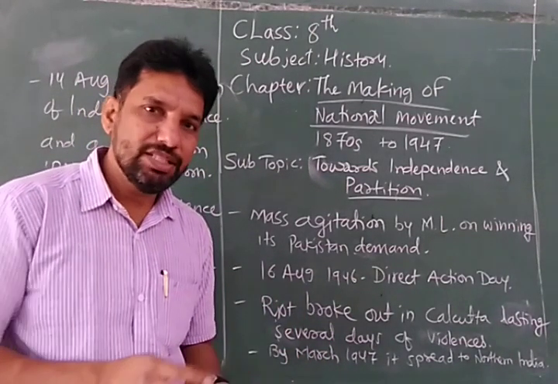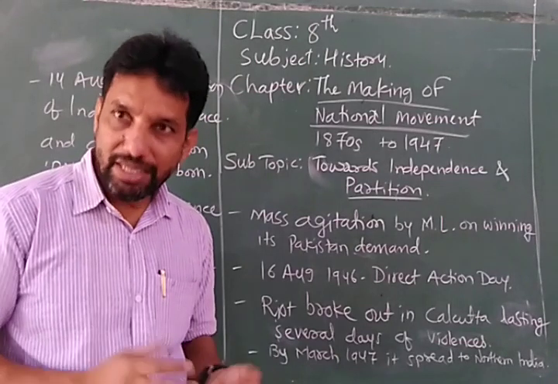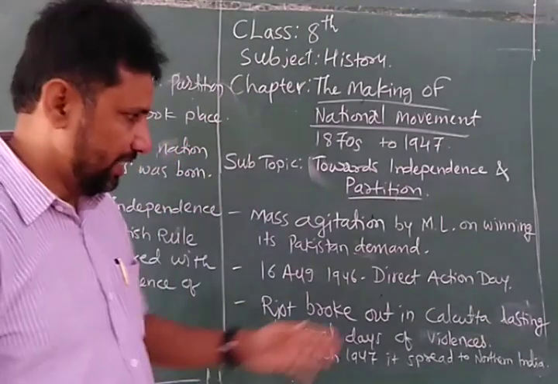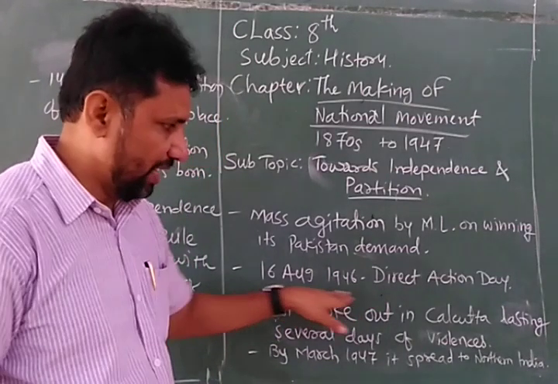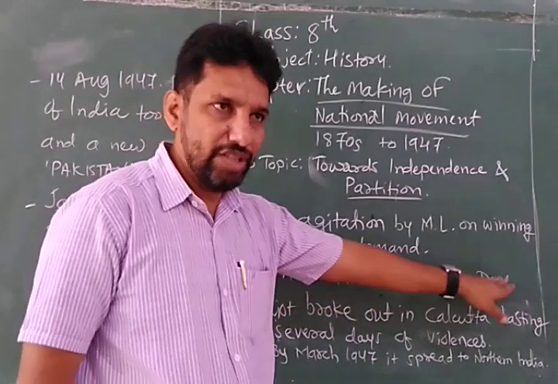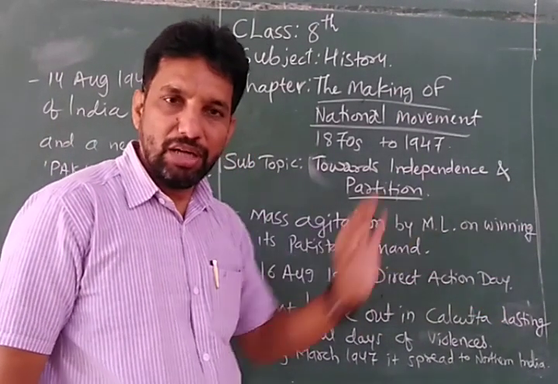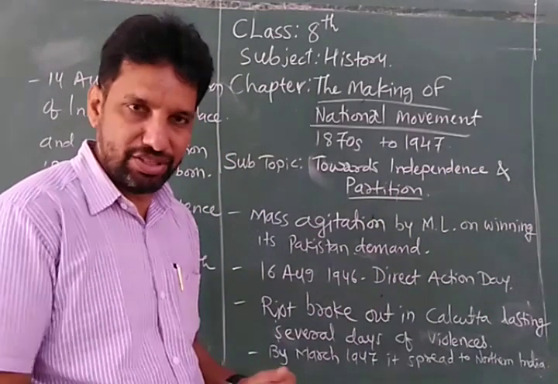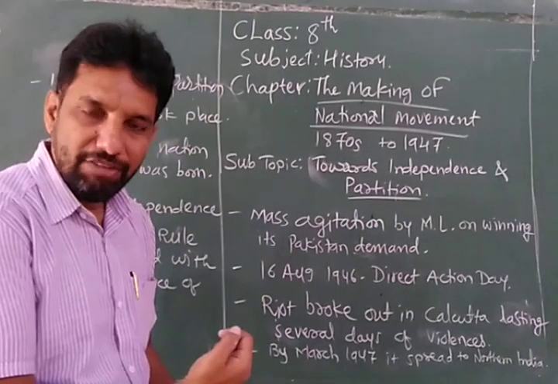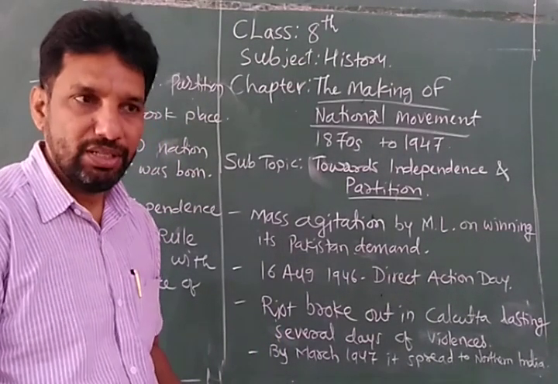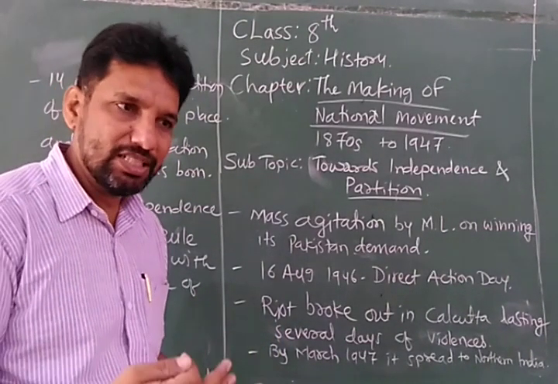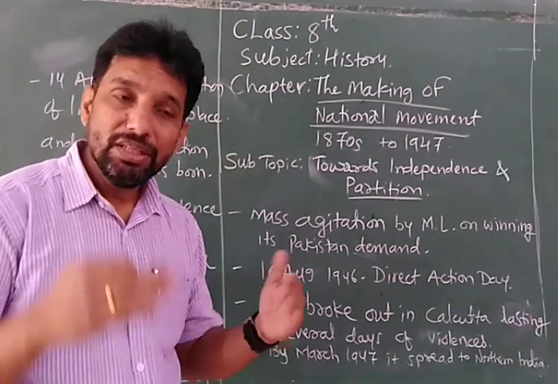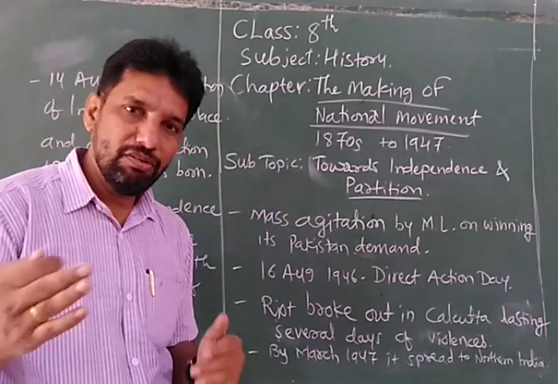If our demand is not fulfilled, then we have to act directly, and hence they observed this day as Direct Action Day, Pratyaksha Karwai Divas. It means they are now directly in action. They will act if their demand is not fulfilled. Then what happened from Calcutta? Nowadays it is a part of our India, but during that time also the majority of them were in Bangladesh.